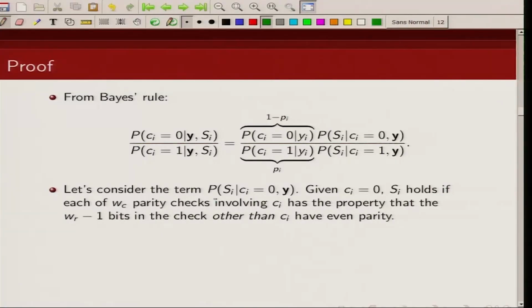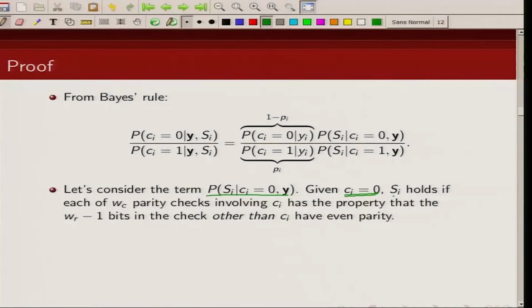So, what is this? Given that my code bit Ci is 0, when will parity check constraint involving Ci be satisfied? It is when sum of other parity bits involved in the parity check constraints, they add up to have even parity, right.